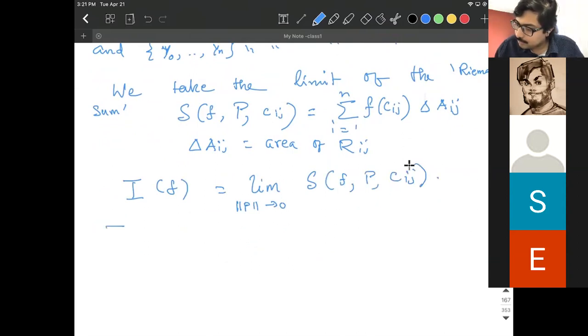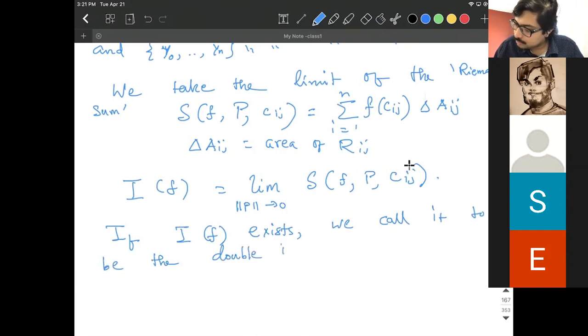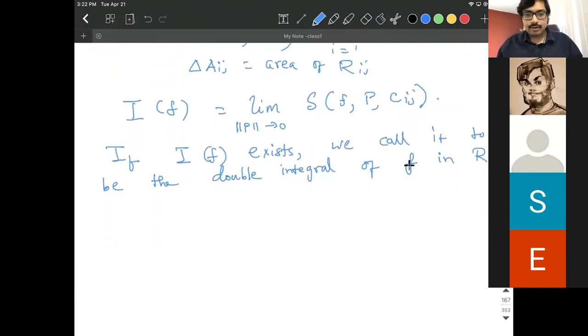So if If exists, we call it the double integral. Okay, so this is more or less an informal idea of how to define the double integral.